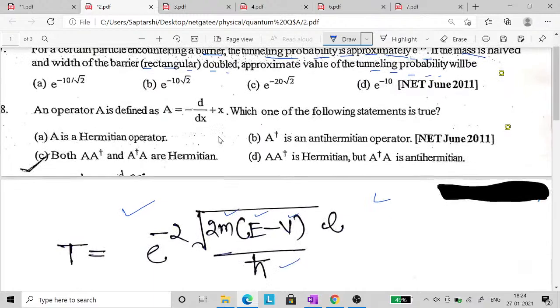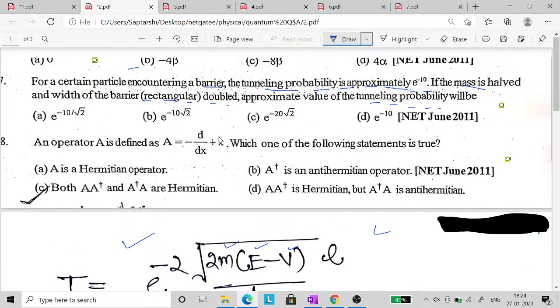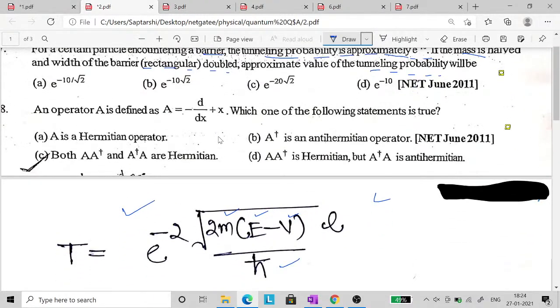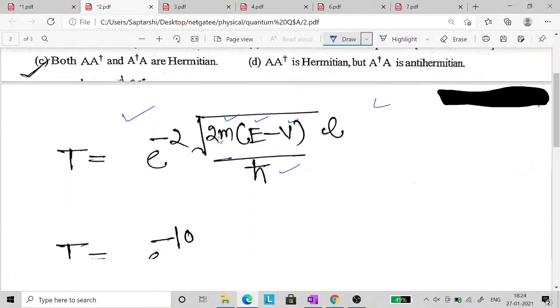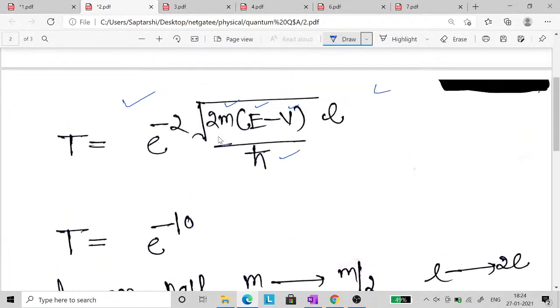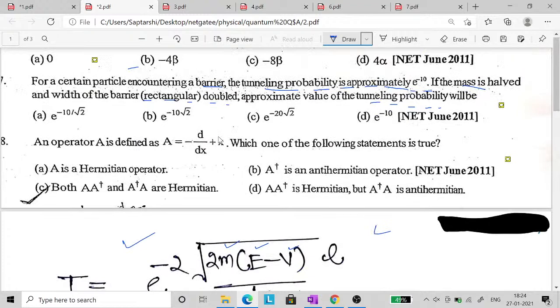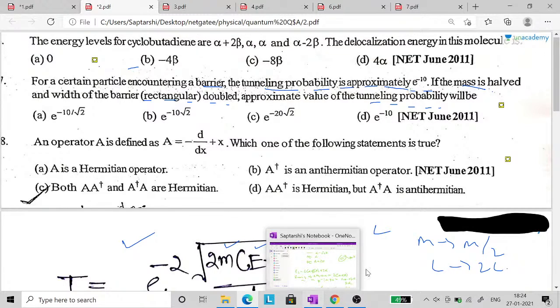Over here, you don't need to know any values because no value is given as such. Just mass is halved and width of barrier is doubled. Okay, that means that your m becomes m by 2 and L becomes 2L, right? Just replace these values, then take the ratio of them and find out. So let me do this part.